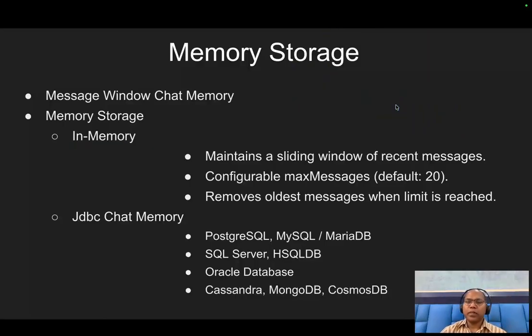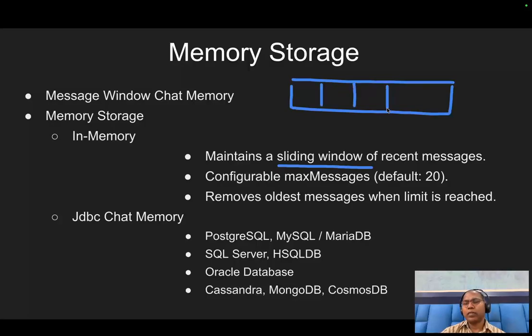So let's understand. The concept is very simple, and by default the in-memory store maintains a kind of sliding window. That means it contains a 20-size window, and we pass conversations in second, third, fourth, fifth.